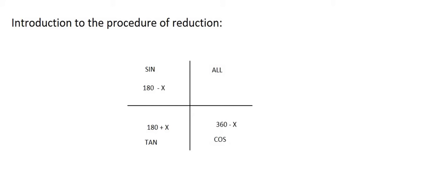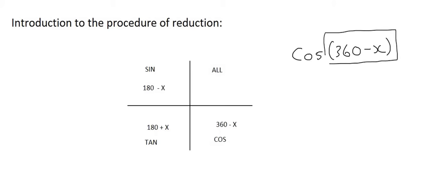So here's an example. If you ever have something such as the cos of 360 minus x, then what you do is the following. You ignore the cos part and you look at the 360 minus x. If we can locate it on the diagram, then we can simply write the answer as cos x.